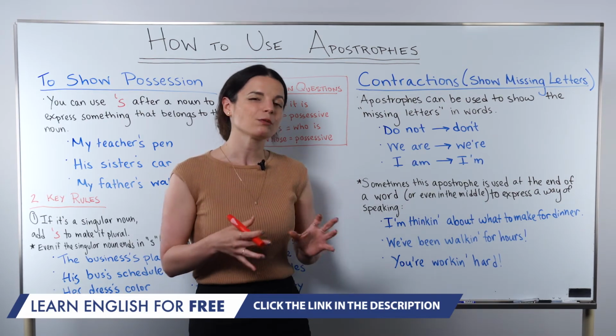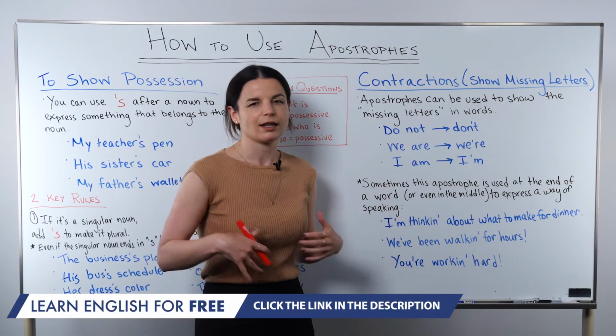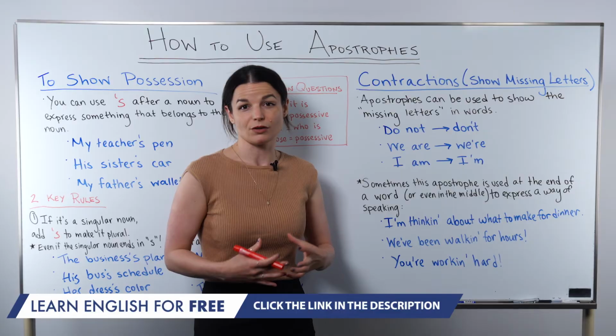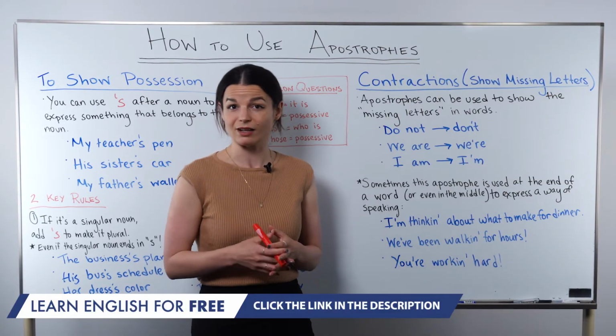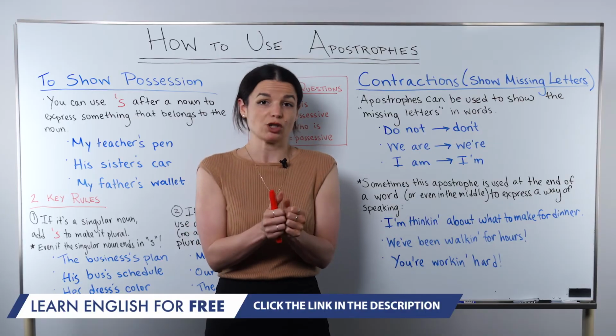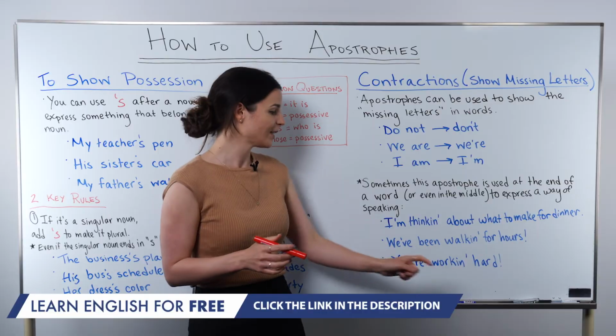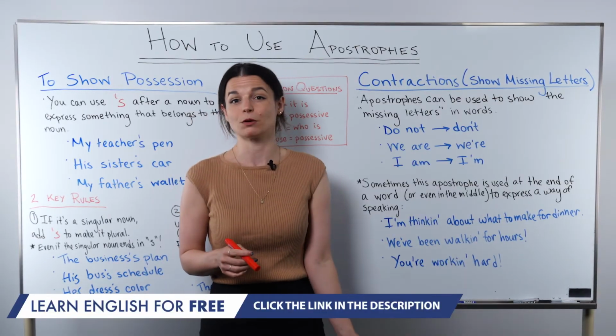Okay, so that's what you might see occasionally. Usually we see this in texts like stories and maybe novels, maybe short stories or essays, that kind of thing. But oftentimes people like to speak this way and sometimes they want to text that way as well too. So if you see this in like a text message or something, that's what this apostrophe at the end of the word means.